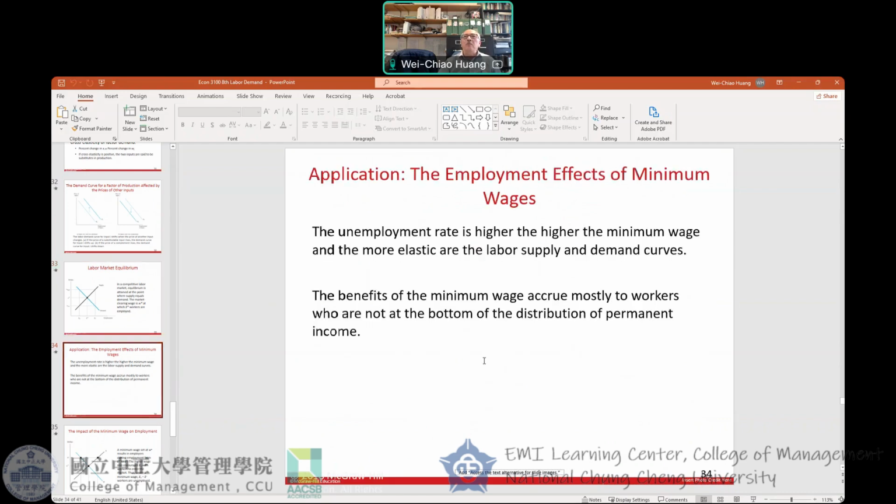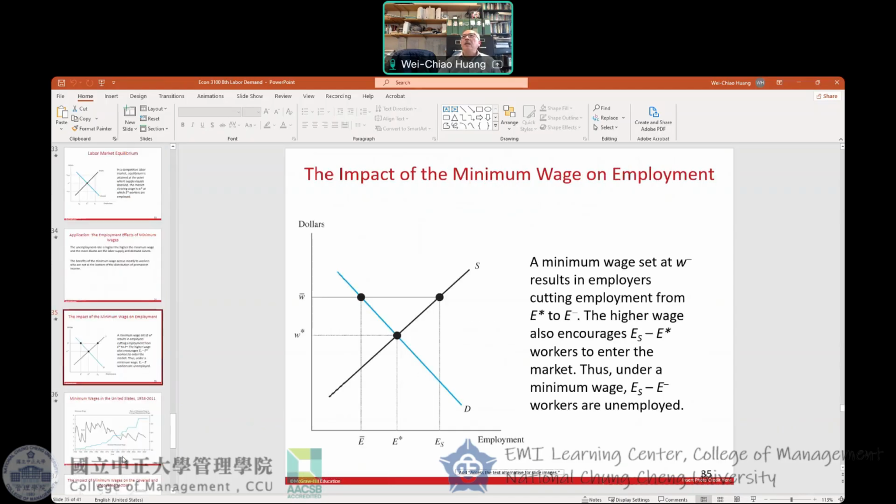There's one policy application from reading this chapter 3, about the employment effects of minimum wages. And the analysis basically ends up with this case that in a competitive market, the equilibrium would have been W star and E star.